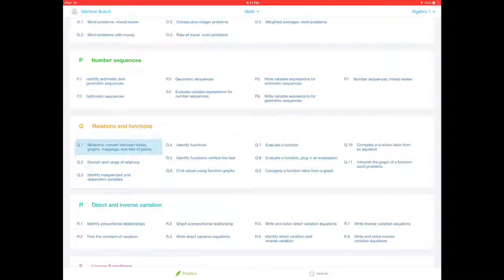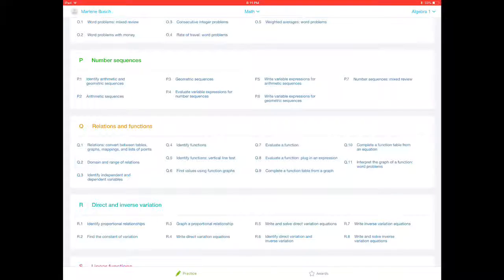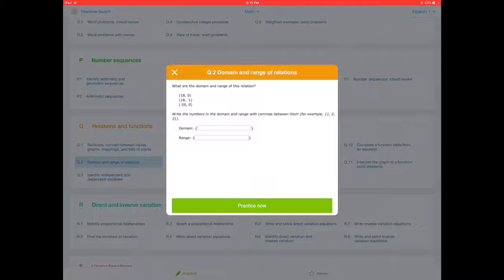So Q1 right here, it looks like this. We're not going to practice right now. You should have already watched your video on Edpuzzle. Edpuzzle talked about this, and your notes from yesterday talk about this. So if you're confused, use your notes. So you're going to do Q1, Q2.